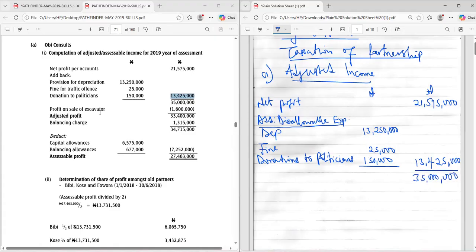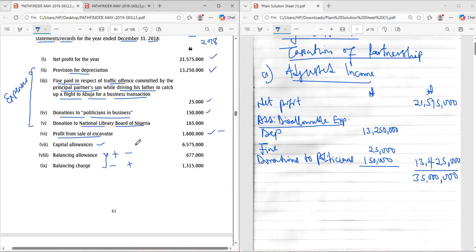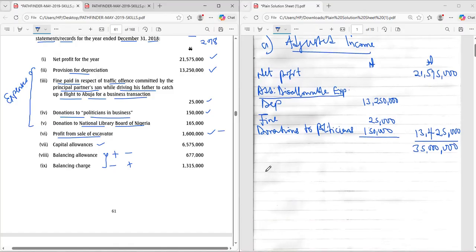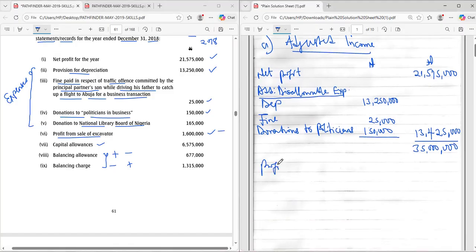All right, it's quite very simple. Now, what we have next is this profit from sale of excavator, which was an income as at the beginning. For you to reverse it, you subtract it. So that will now be profit from sale of excavator.